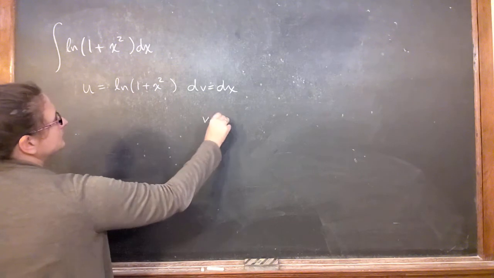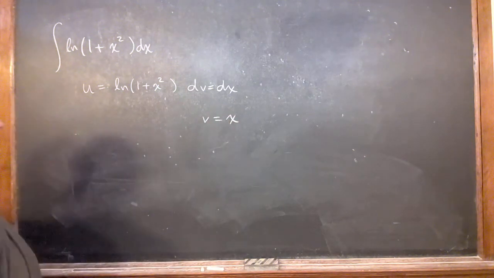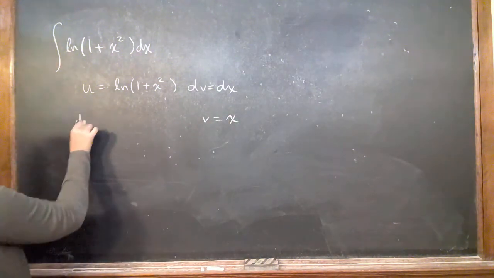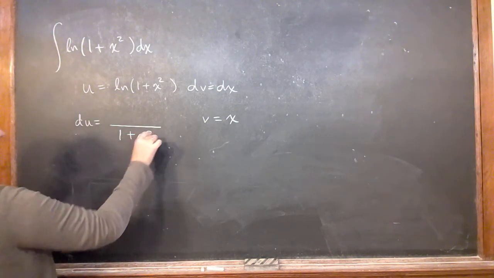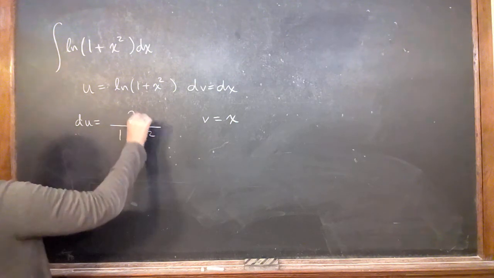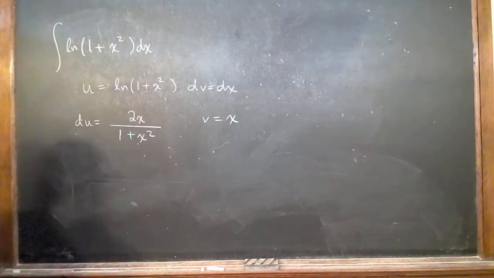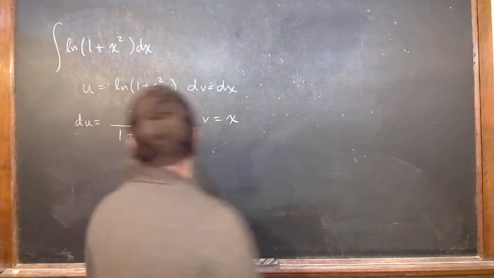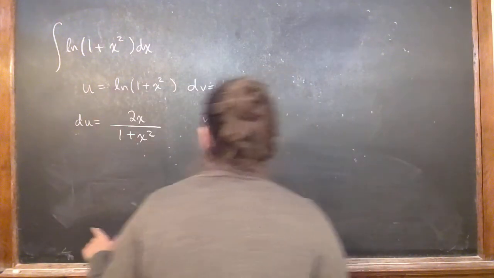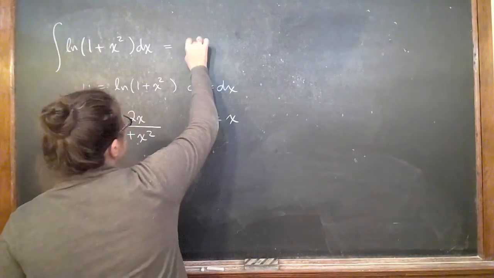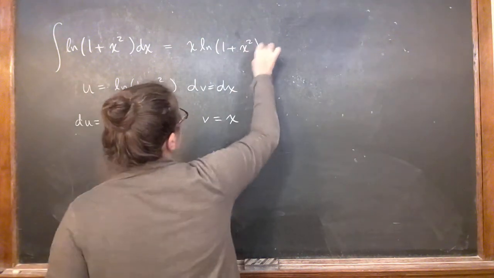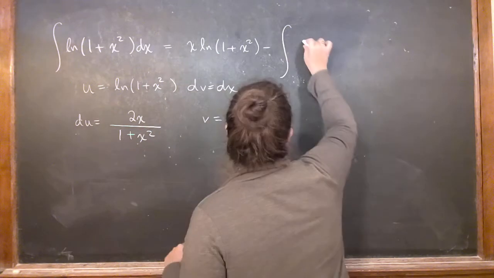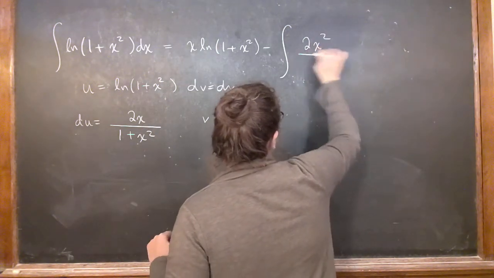So v equals x, and then what's my du? du is going to be 1 over 1 plus x squared, but the derivative of that, so 2x, chain rule, right? So then this gives me this, and then this gives me this.